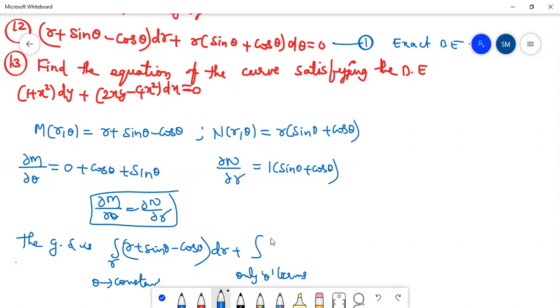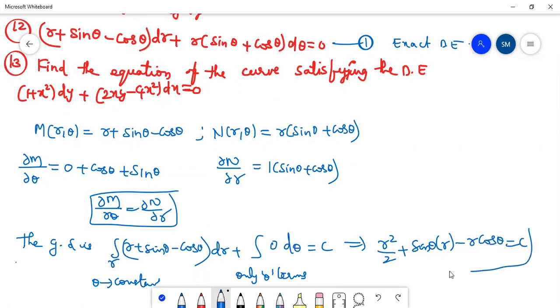There are no theta-only terms, so 0 d theta equal to c. From this, the integration of r is r square by 2, sin theta is a constant, so r sin theta minus r cos theta equal to c is the general solution.